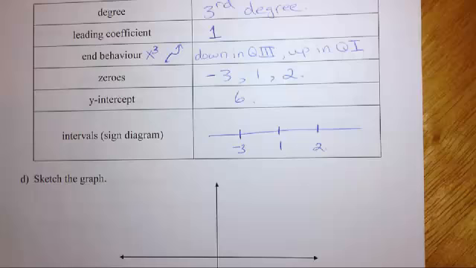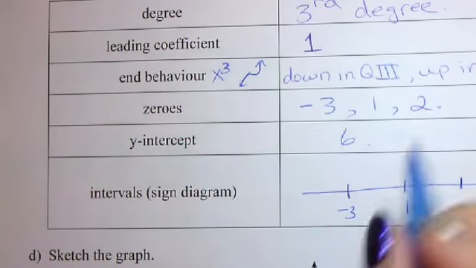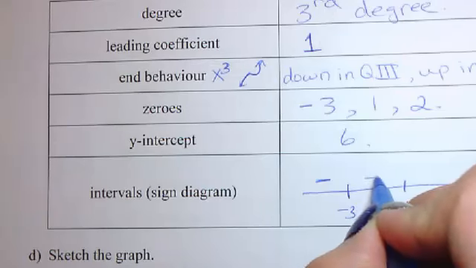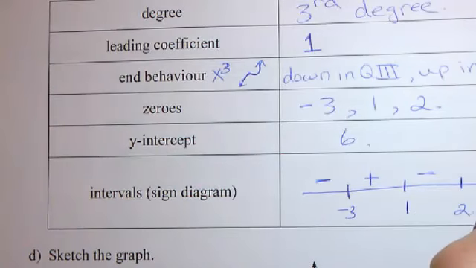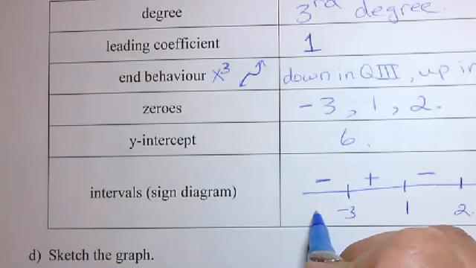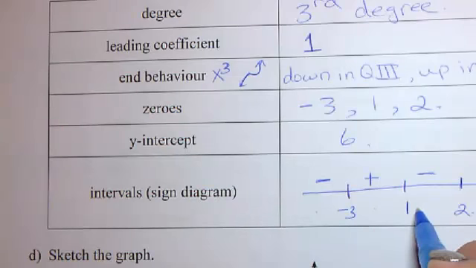We did our sign diagram and it ended up being negative, positive, negative, and then positive. I believe what we chose was a -4 to test, a 0 to test, a 1.5 to test, and a 3 to test.